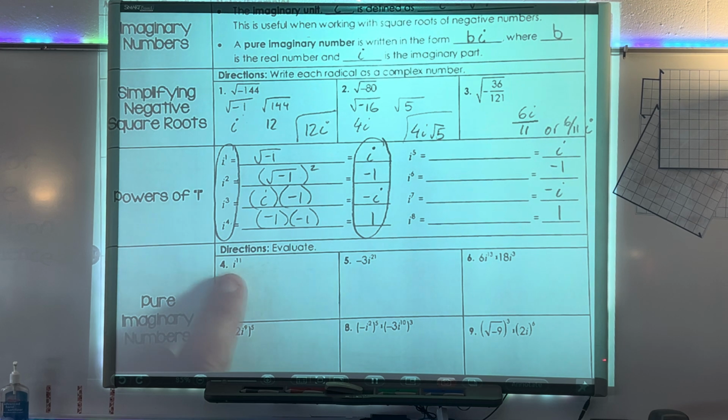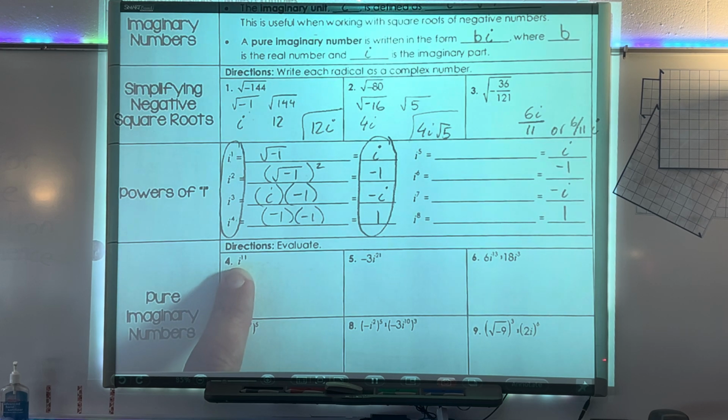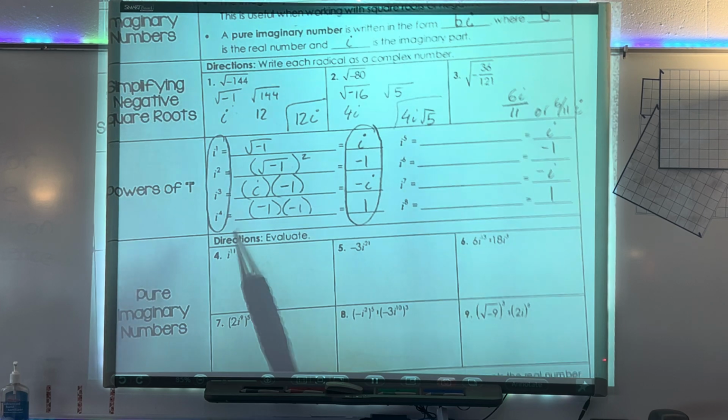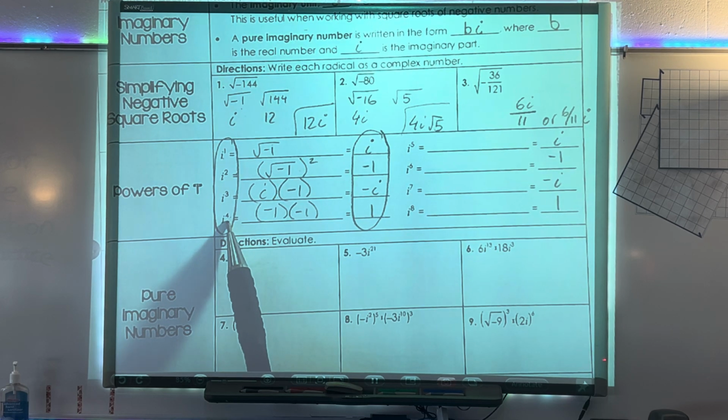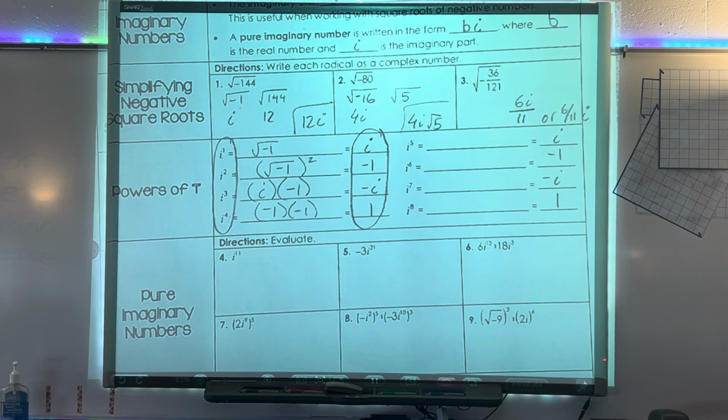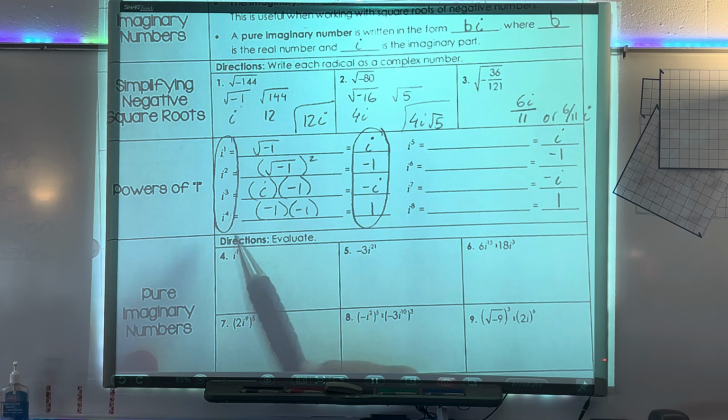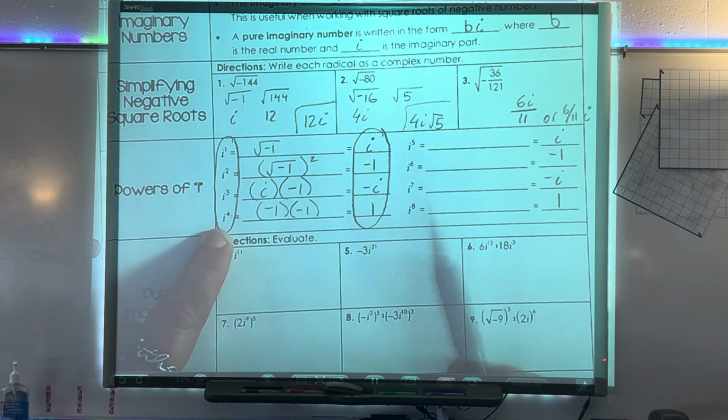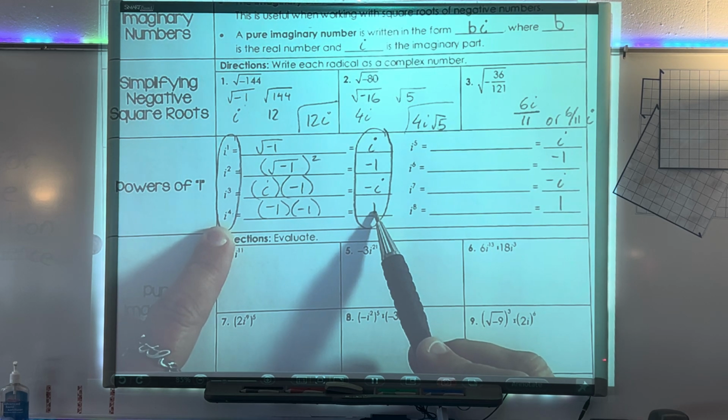So if I had i to the 11th, essentially what I'm doing is I'm going through a series of 4, right? So if I think about the 4th power, multiples of 4 would be 4, 8, 12, 16. Y'all see what I'm saying? Okay, so i to the 12th is gonna be 1, right? Yes?